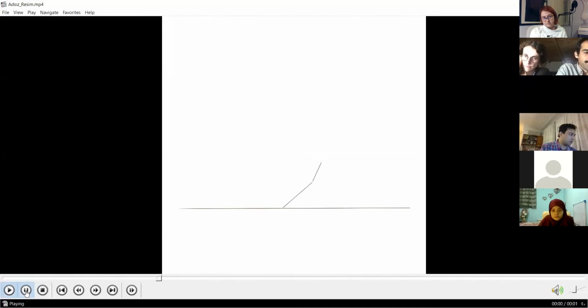Look here. When the first part reaches the left position, it stops for 3 frames. One is this, second is this, third is this.